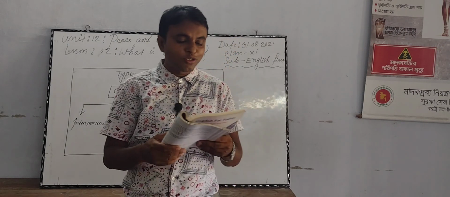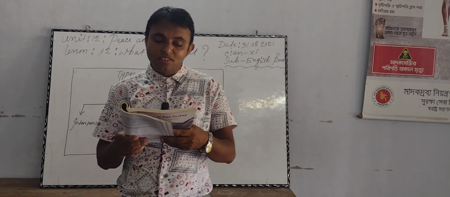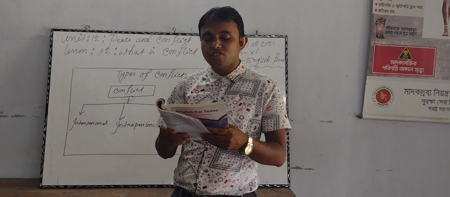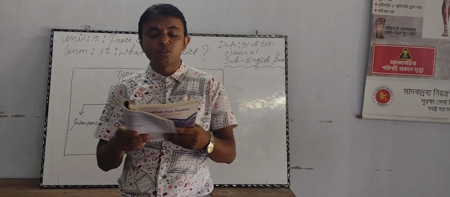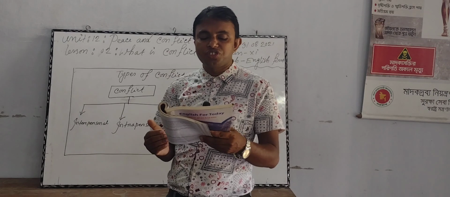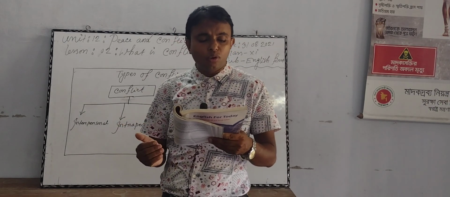Conflicts are also classified into the four following types. Interpersonal conflict. This type of conflict refers to a conflict between two individuals. This occurs typically because of differences among people.